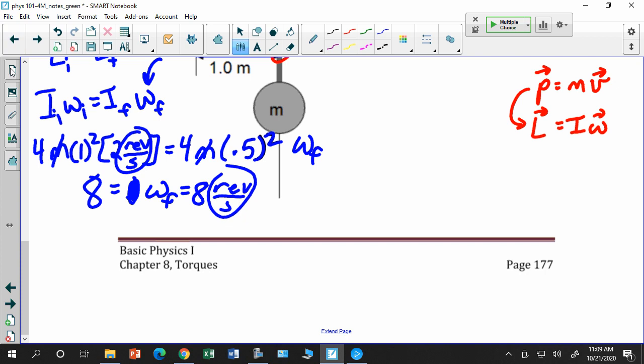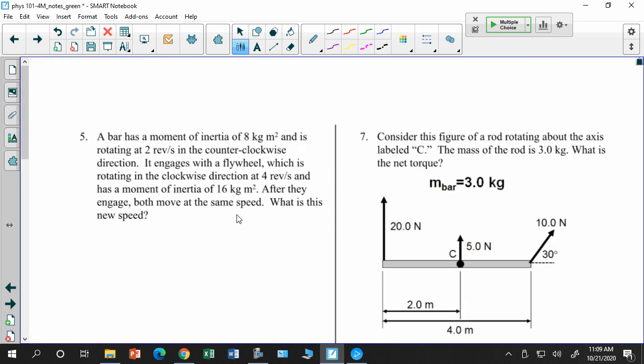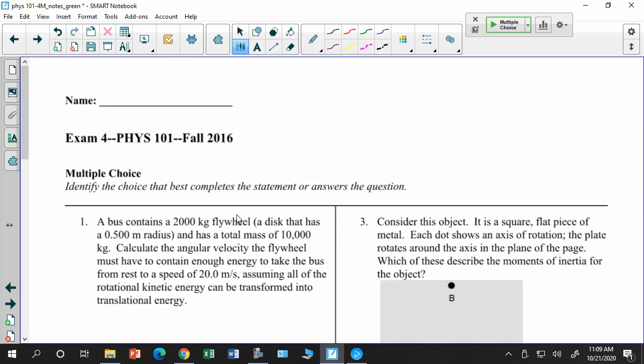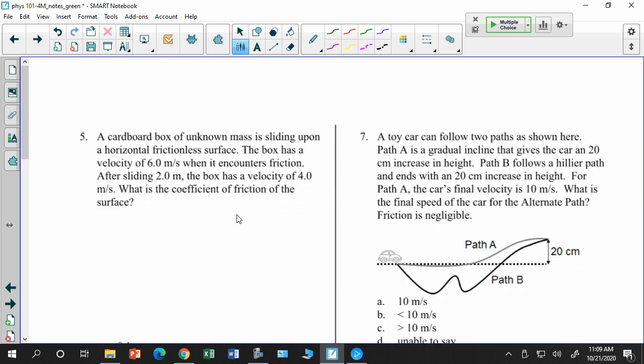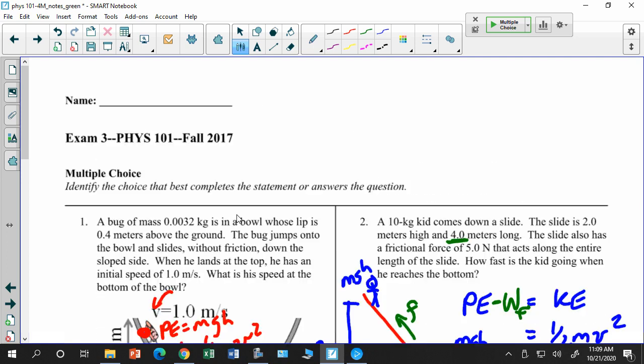Okay, let's go to the back of the book then. I think I was doing fall 17 earlier. Exam 4.